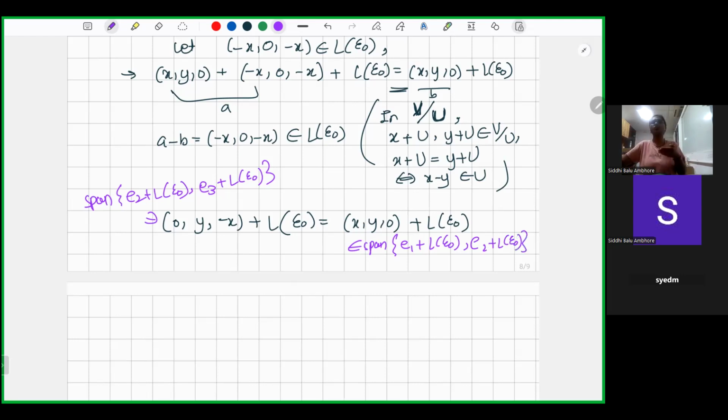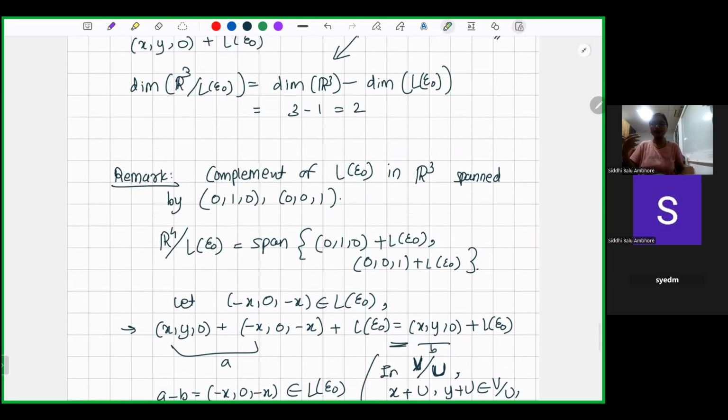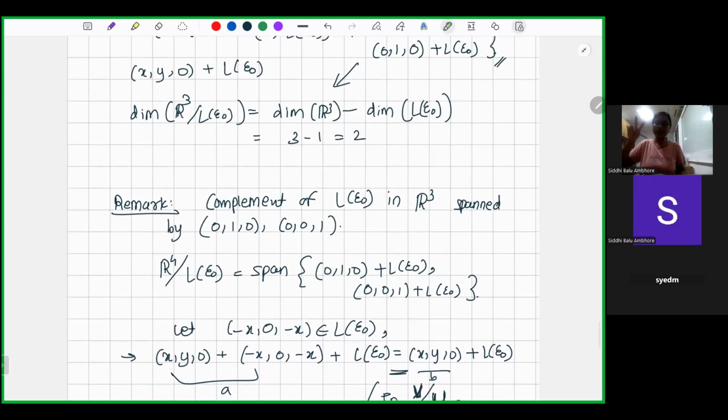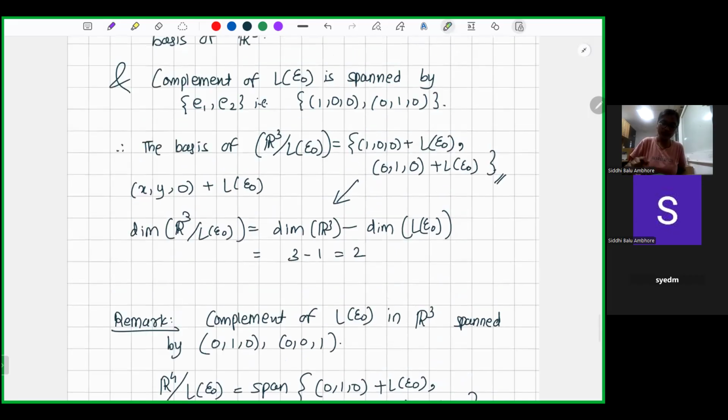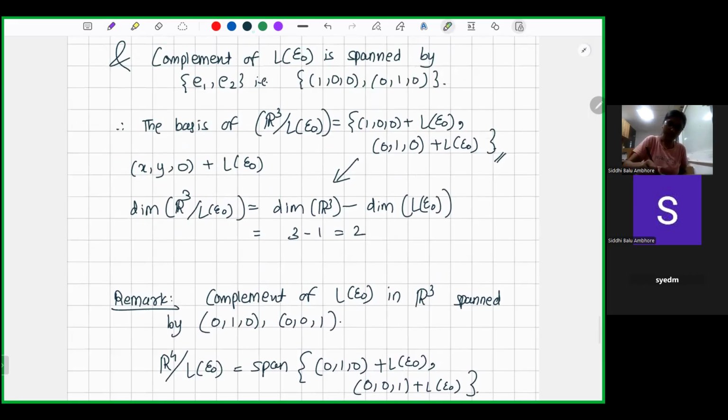There are many more elements you can choose, whatever you want. Due to this property, whatever you choose in the quotient will generate the same space. Even in R3, these two sets, E2, E3 and E1, E2, look different and linearly independent.